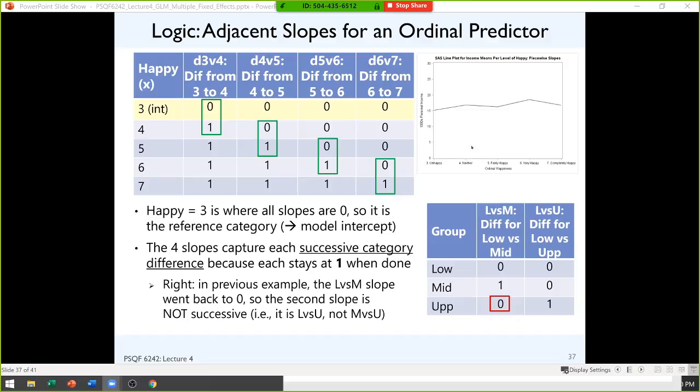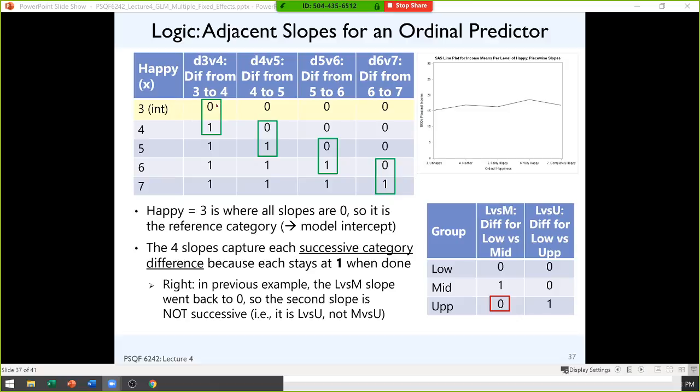Yes, they can. So I have set this up to track each of the successive differences in happiness with its own slope. So I have a difference of 3 versus 4, 4 versus 5, 5 versus 6, 6 versus 7.